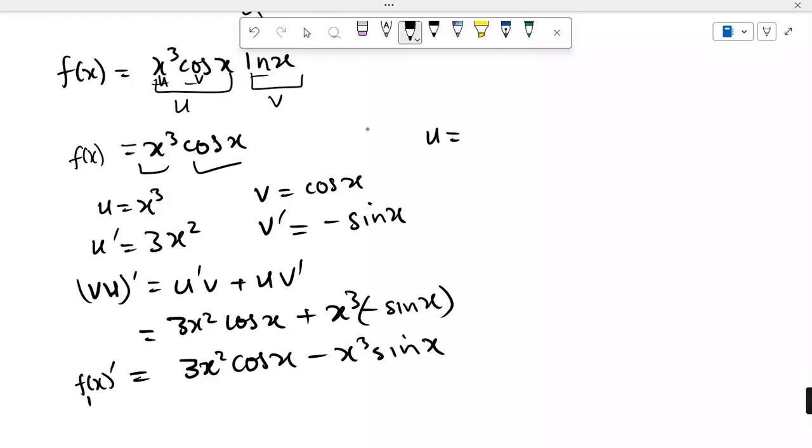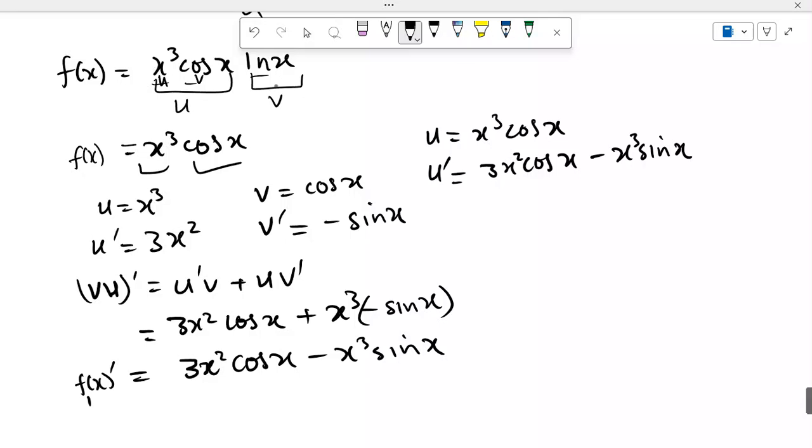Our u is x to the power 3 cos x, and our u prime is this function here, because this required the product rule for us to find u prime: 3x squared cos x minus x to the power 3 sin x. Okay, that is our u prime. Here we were finding u prime, so we were using the product rule again to find u prime.